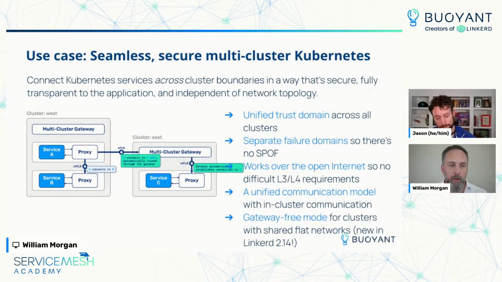So if you're cluster A and you're cluster B, and B is the destination cluster, we add a little gateway there, and A can then send traffic to B. The only requirement we have in the underlying network is that the gateway IP address is reachable. This means you can do multi-cluster communication across clouds, or in a hybrid environment.